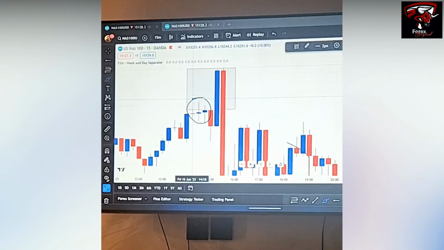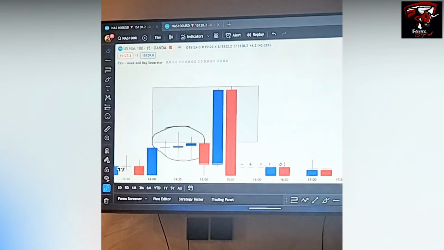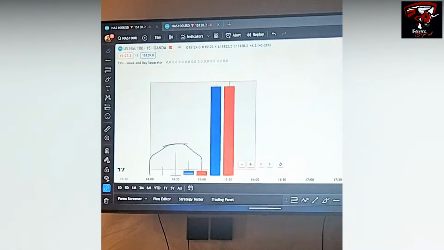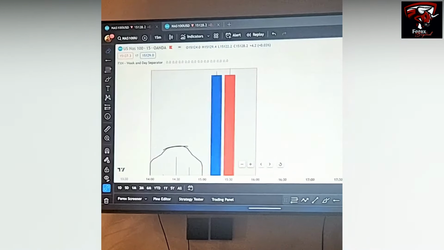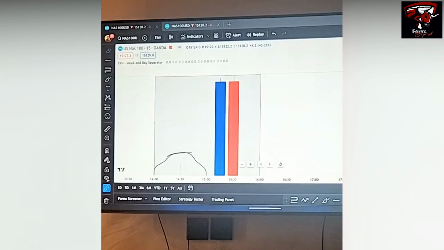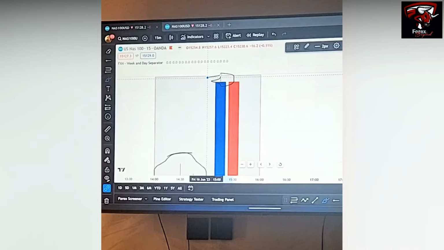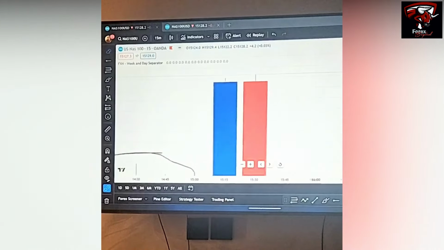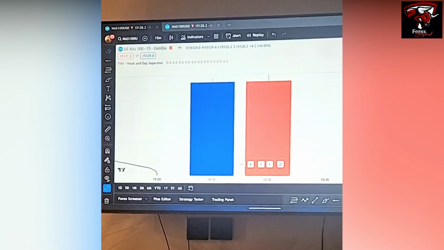But now, what I want you to understand is that within that 10 minutes, we're going to see something like this, where price quickly comes in and purges that high, right? Price comes in, if you can see over there clearly, price comes in and they take that high.